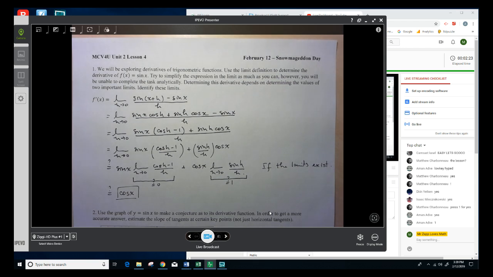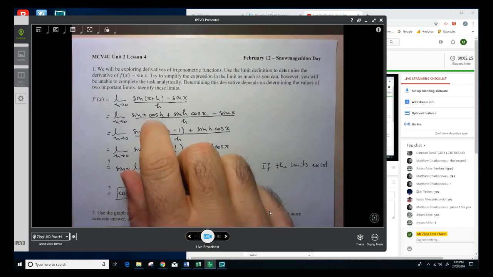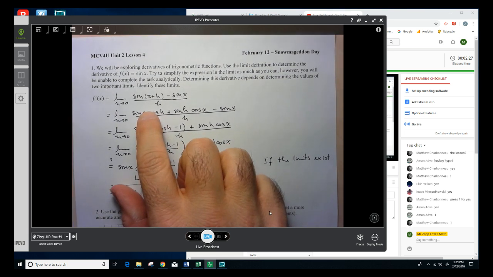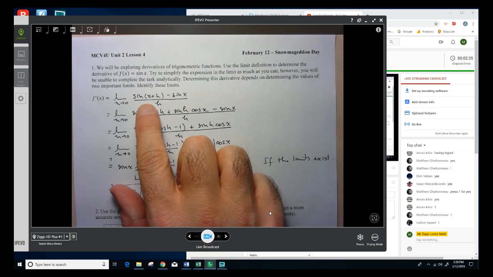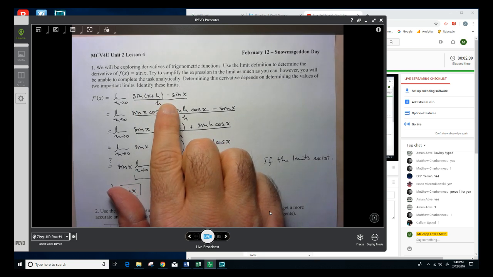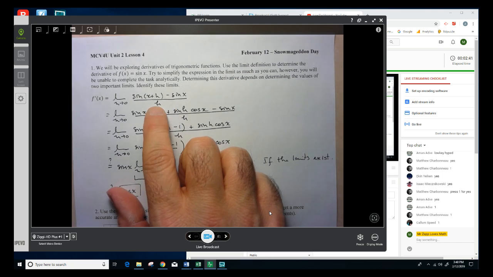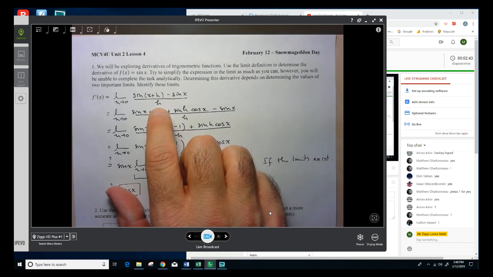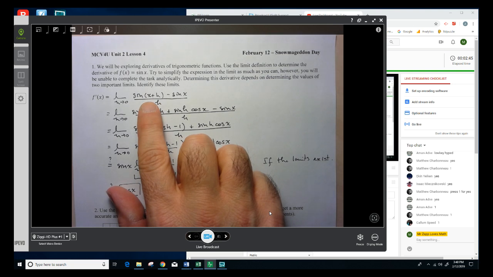If you see what I did, I just applied the limit definition to the sine function. Essentially I try to do exactly what I did before, some sort of algebra to solve this limit. I do see that it's an indeterminate form, so the only thing I have access to is my trig identity. So that's what I do.